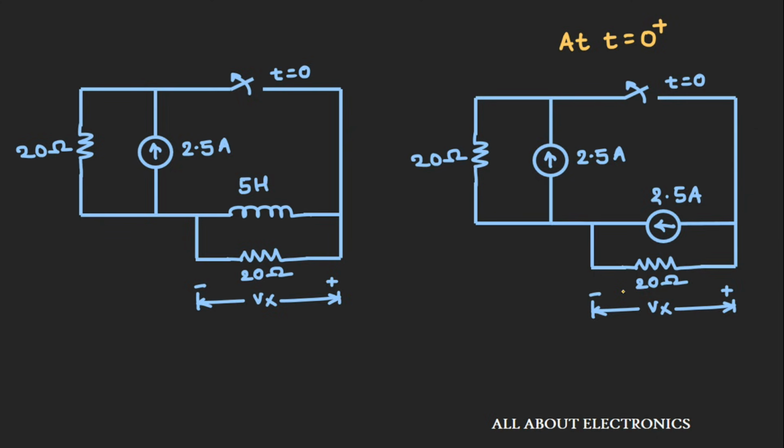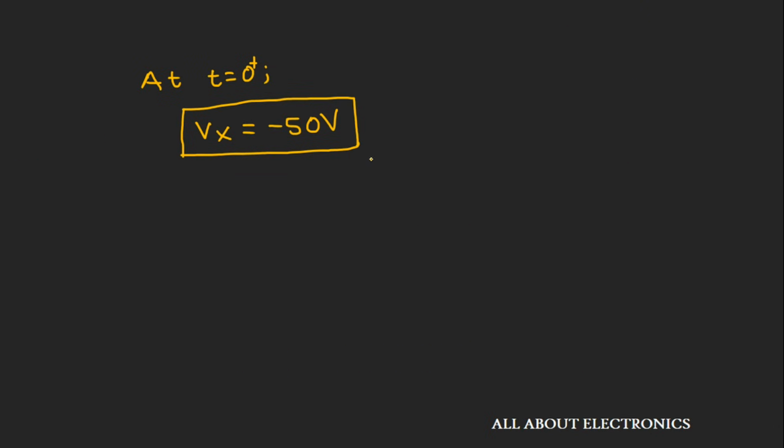Hence at time t is equal to 0 plus, the voltage across this 20 ohm resistor is nothing but minus 2.5 ampere into 20 ohm, that is minus 50 volt. So we can say that at time t is equal to 0 plus, the value of this voltage Vx is nothing but minus 50 volt.